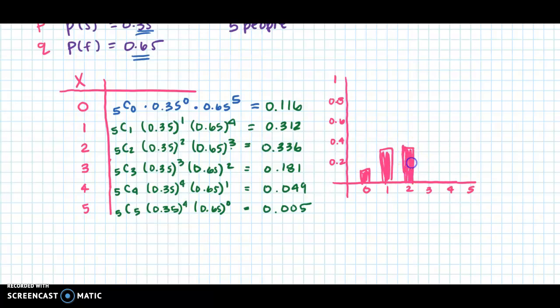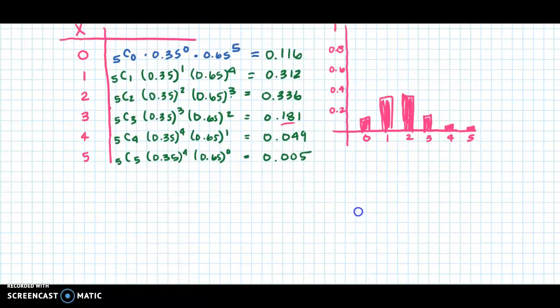Right there. And then at 3, we're at almost 0.2. And 4, we're pretty small. That's one of our smaller probabilities. And then 5, that's like the little guy right there. So there's your probability distribution. It's a little skewed.